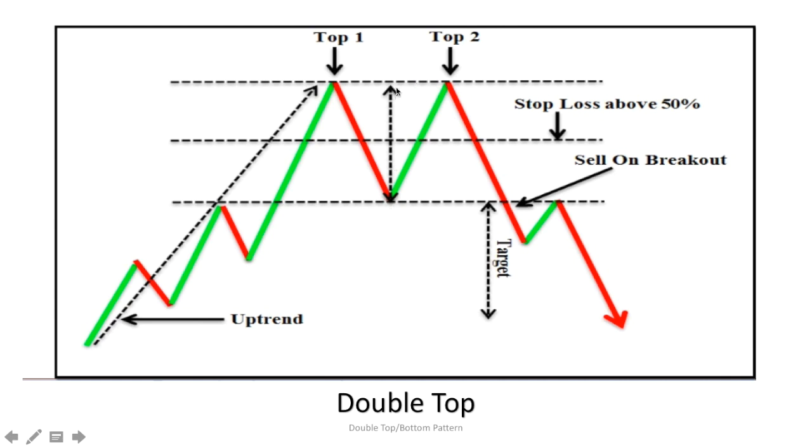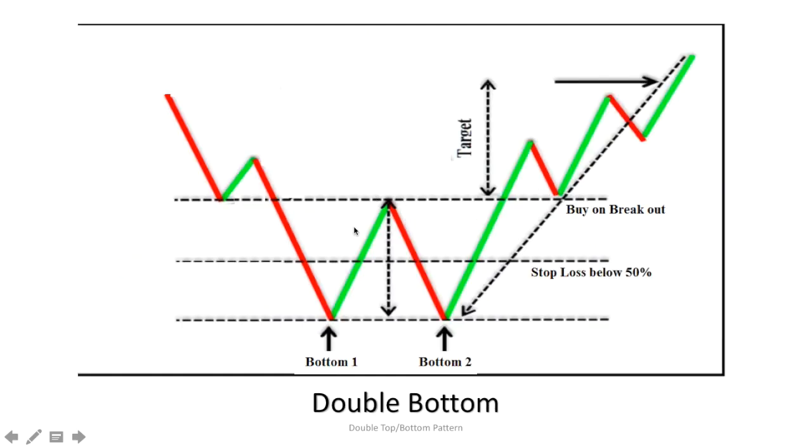And what is the target? That is equal to high minus low, that is the top minus the neckline point. That is your target, and 50% you can take as a stop loss.